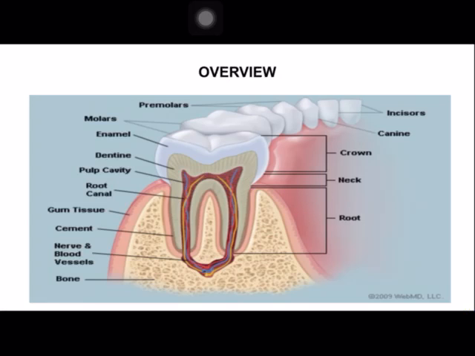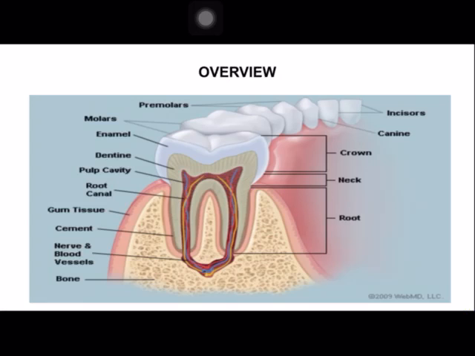Now let's have an overview of what we have discussed. It's a molar, the structure of a molar. Here the outermost covering is enamel. After that dentin. After dentin, in the crown there is the pulp cavity.